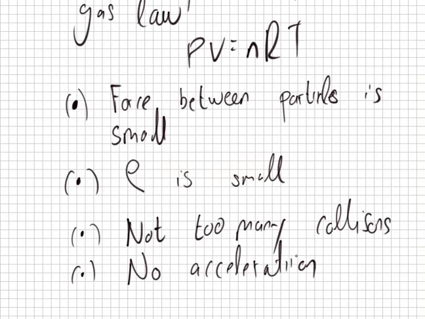So when your particles are moving around, they're not accelerating, they're just moving at a constant speed like balls bouncing around. Now this is, I think, the only time I've seen this in the exam. And it is actually kind of difficult because it's one of those things you have to learn off. Will it come up in the exam? It could. But the ones that should be easy to remember is no acceleration, no acceleration, low density, low force.